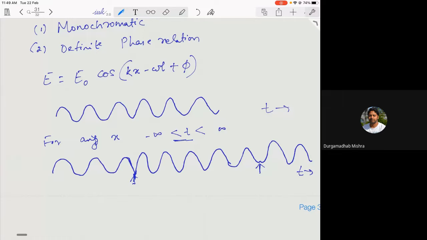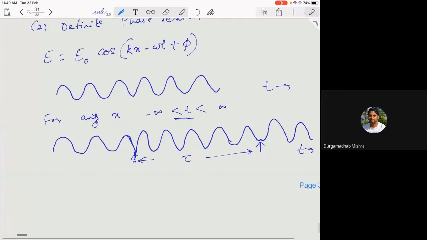So this tau, the time for which it remains following the cosine form, is known as the coherence time of the wave. Okay, so this is the coherence time, sometimes also called tau c.